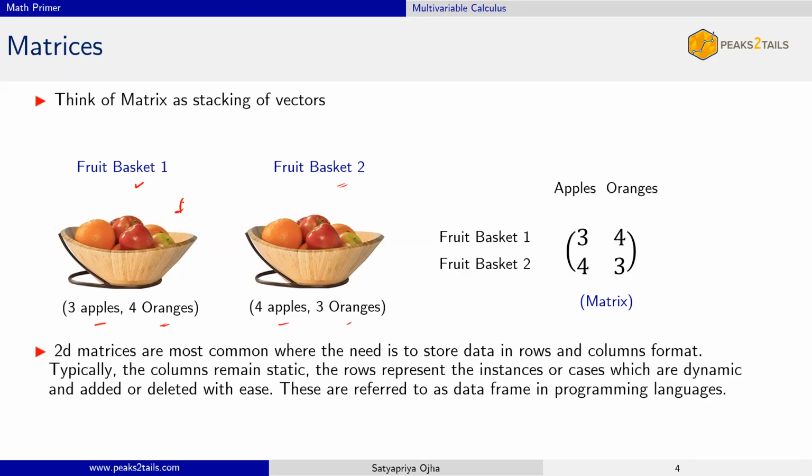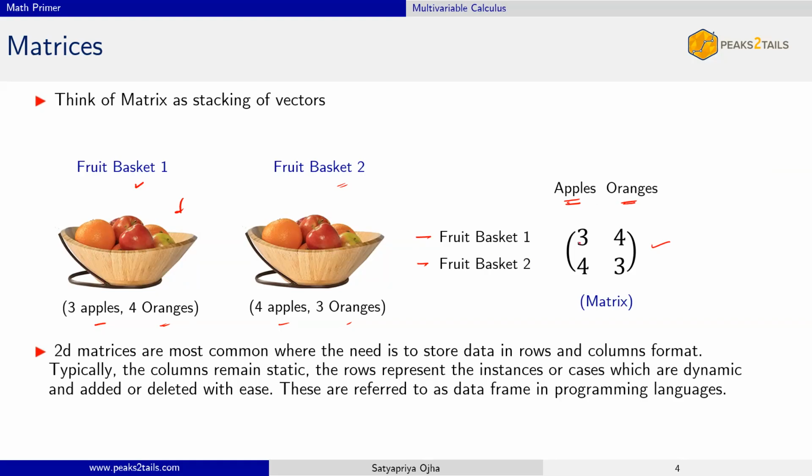Okay. Now, so matrix is basically if you stack multiple vectors together. Okay. Look at this notation. So for example, we can have columns as the type of fruit, apple column, orange column, and then rows are the different records or instances or examples. Okay.